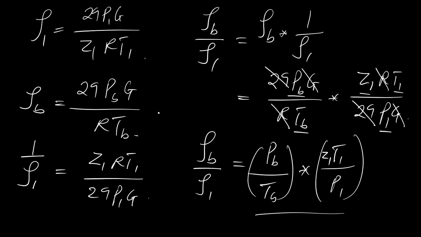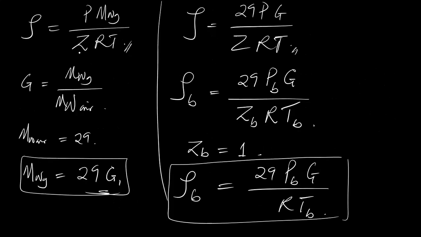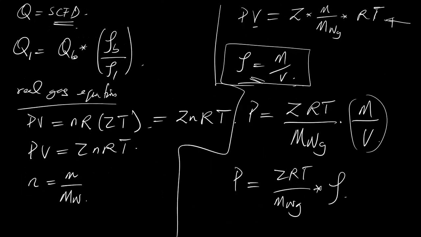Now we recall that Q1 is equal to this. So the flow rate at the inlet condition is equal to the flow rate at the standard condition times the density at the standard condition divided by the density at the inlet condition.